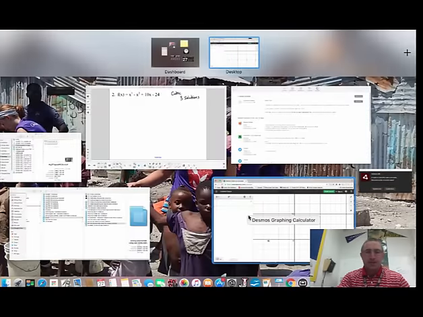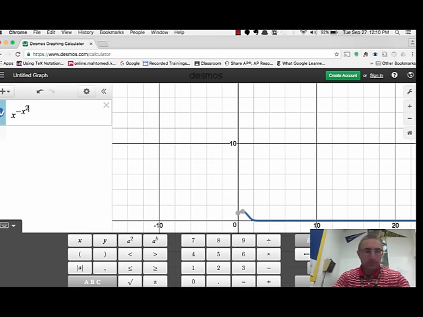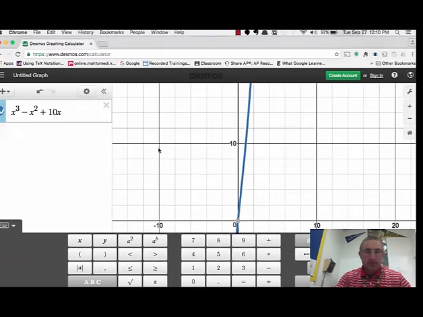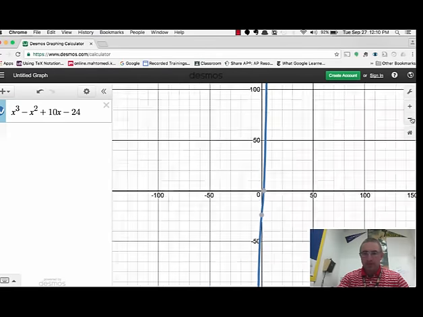Okay. And I'm going to type in x cubed minus x squared plus 10x minus 24. Okay. Now, hard to see, but we got to zoom out.